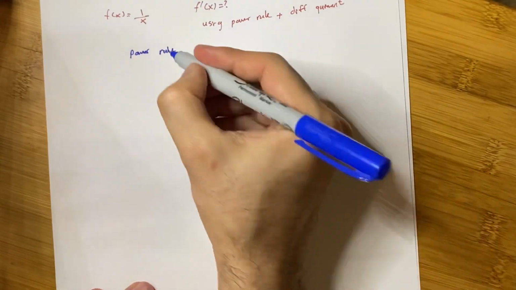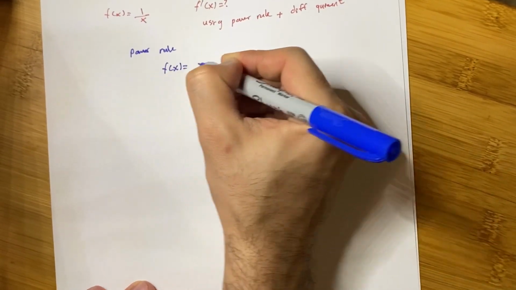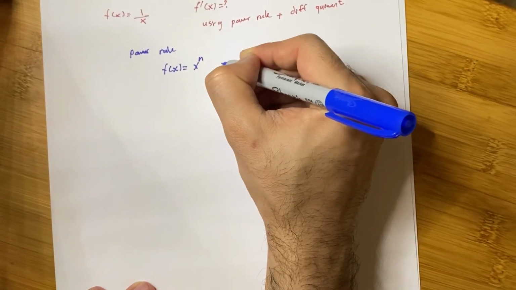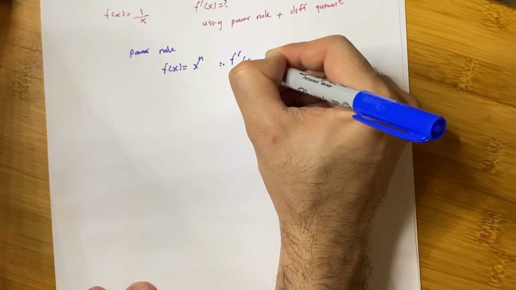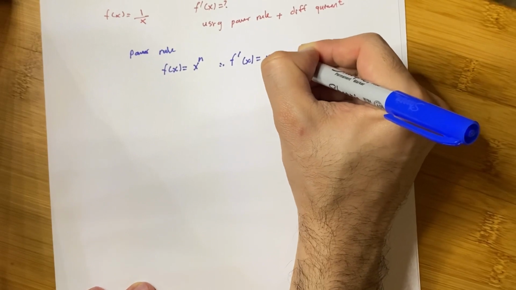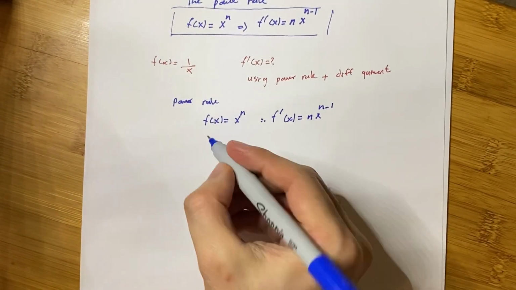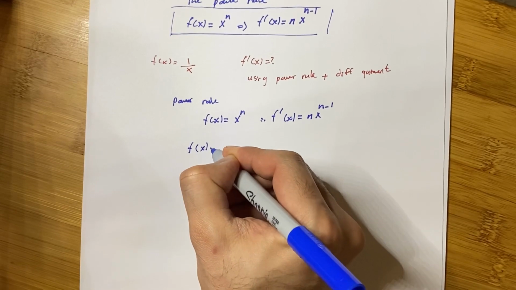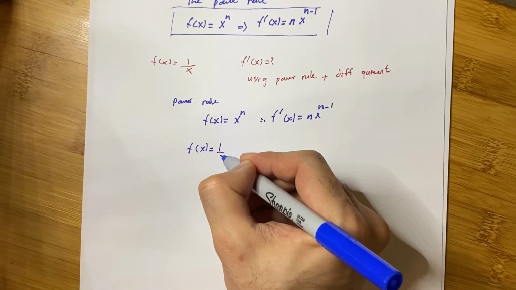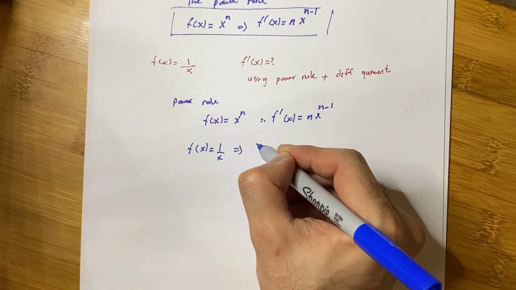which says if f of x is x to the n, then f prime of x is n x to the n minus 1. Here, what we can do is we can rewrite this function this way.